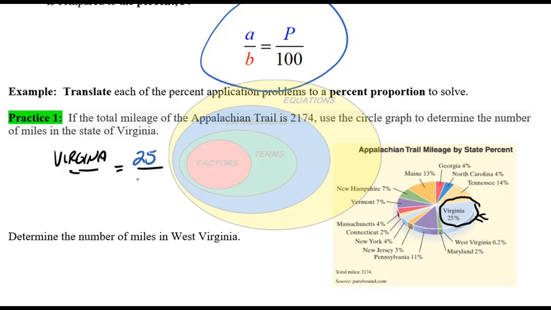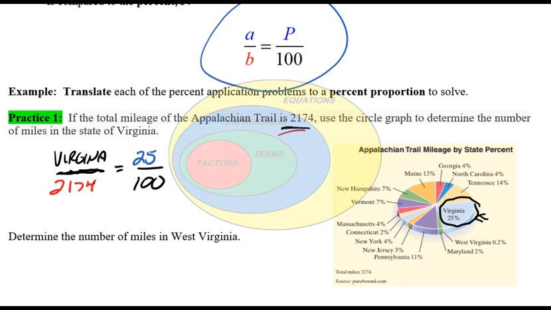So that's going to be equal to 25 over 100. And we're comparing the state miles to the total Appalachian Trail. So the base in this case would be 2,174. So the number of miles of Virginia is 25% of the total miles.